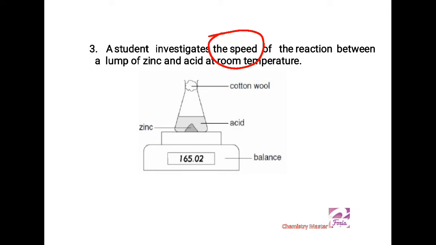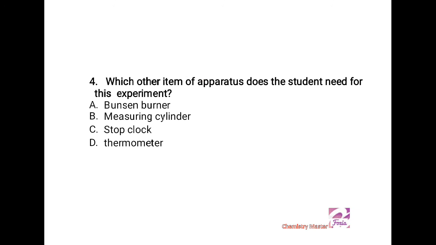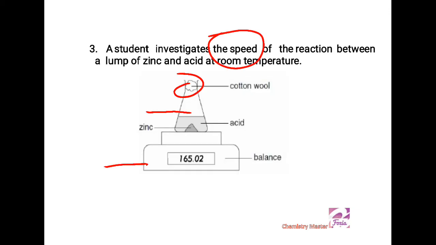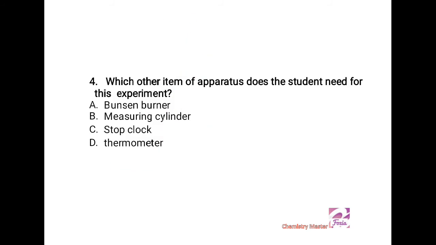You see in this apparatus a balance is used, and the conical flask has the reacting mixture, with cotton wool to keep it sealed. The question is, which other item of apparatus does the student need for this experiment? Again, I told you that studying speed must be a measure of time. So you select the correct answer.